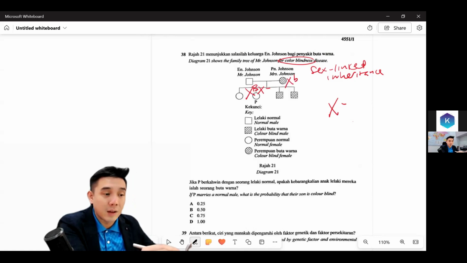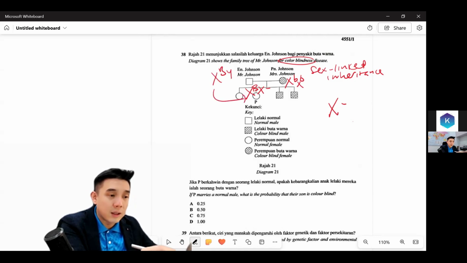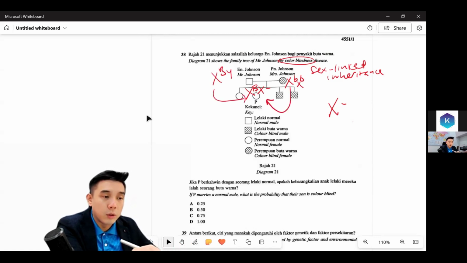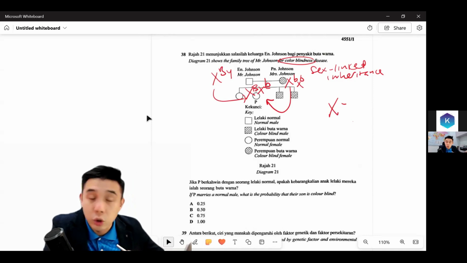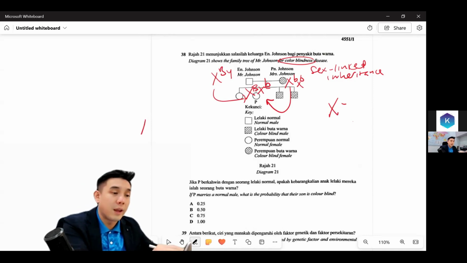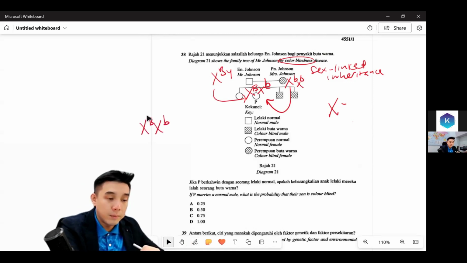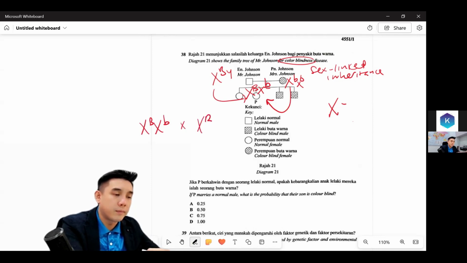Check the mother, X small b, X small b. No matter what, the father will contribute an X, and the mom must contribute an X. So this is how the genotype of the daughter is: X big B, X small b. Guys, she marries a normal male.